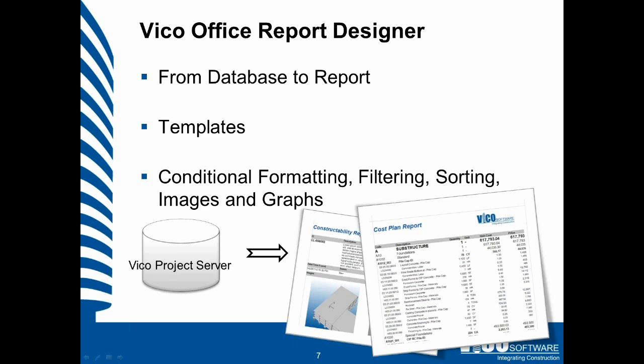Filtering, so maybe you only want to see the resources in your cost plan or only want to see the material resources. Sorting, I think, speaks for itself. And then images and graphs. The report designer has a huge collection of graphic designs, so visual representation of your data in the report templates is possible.